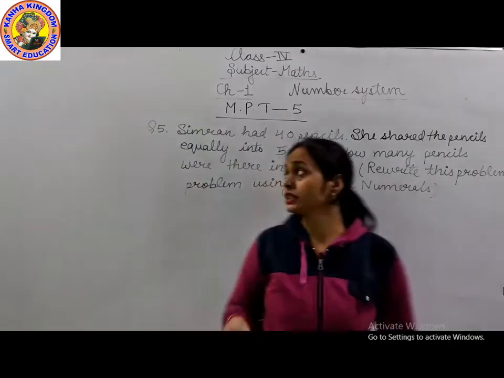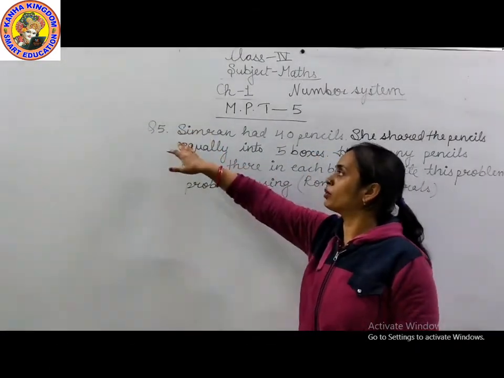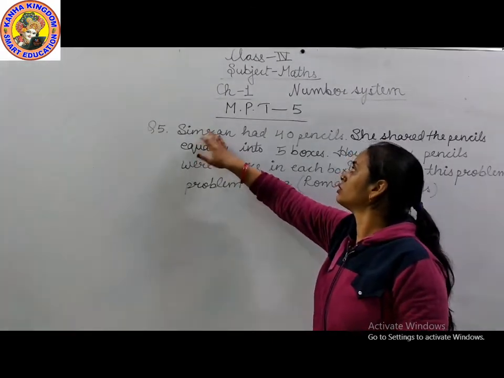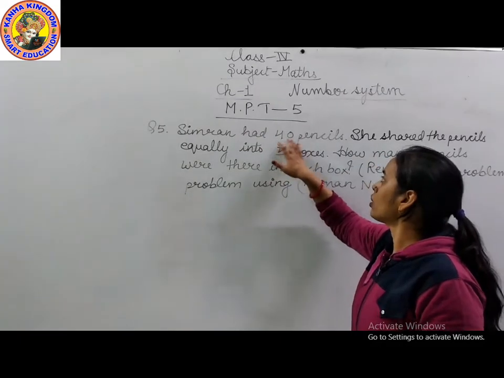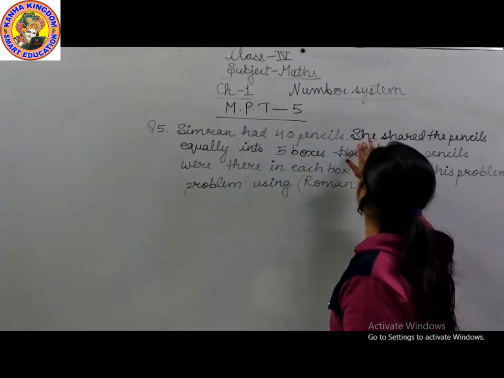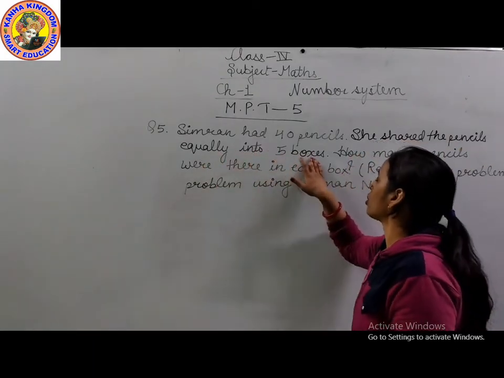Now next question, word problems. In word problems we solve question 5. Simran had 40 pencils. She shared the pencils equally into 5 boxes.